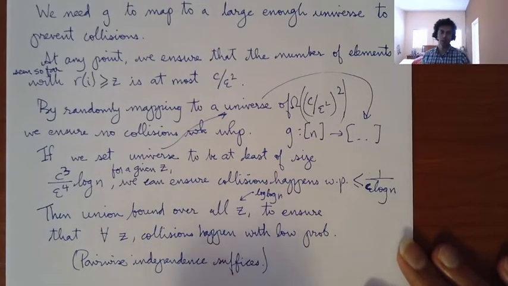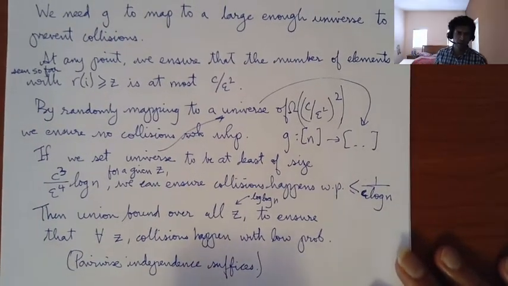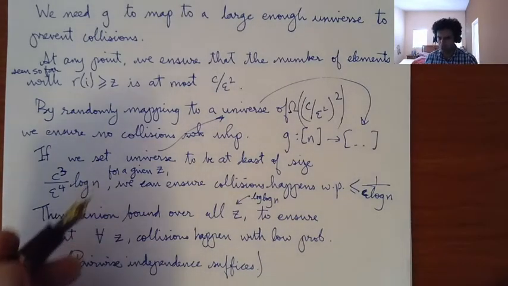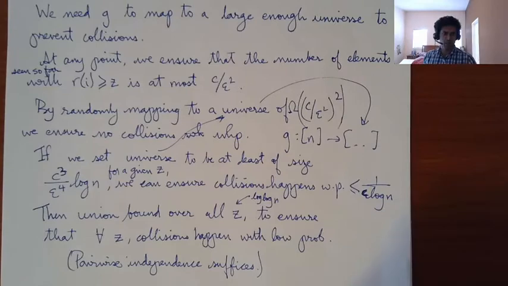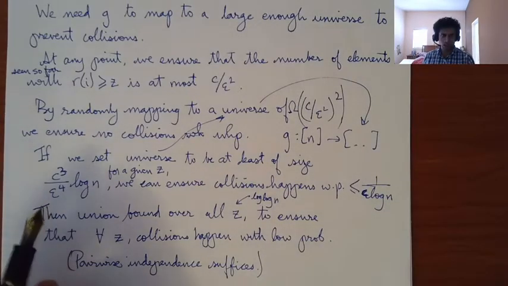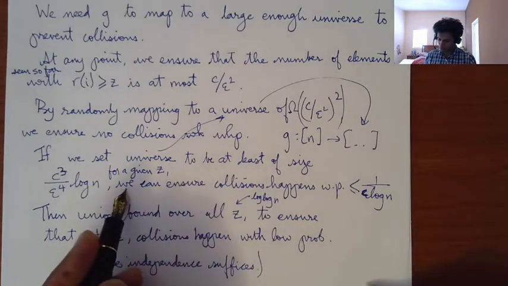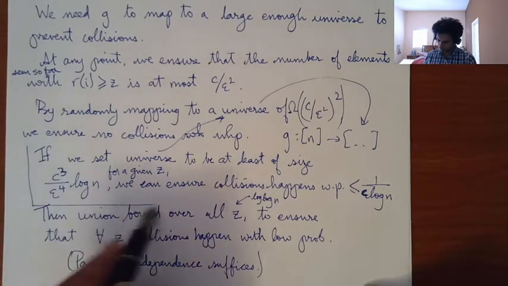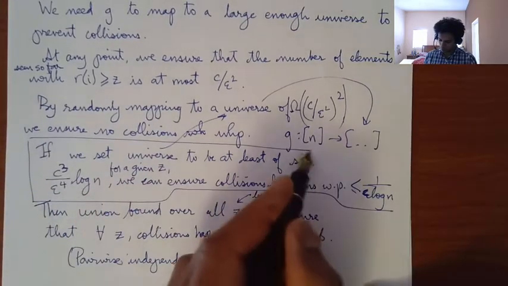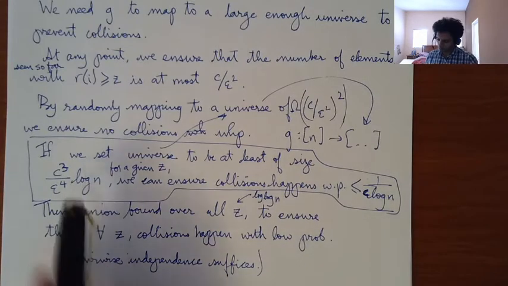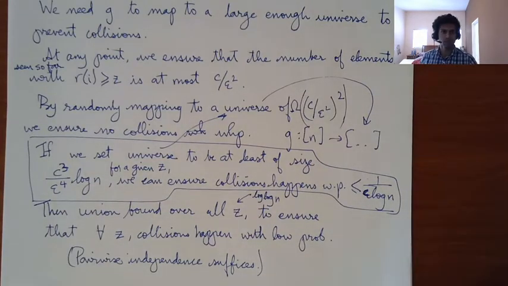So I'm not going to write out this proof over here, and I'm going to leave it as an exercise for you to work out the details. They're pretty much following exactly this analysis, this logic. The specifics of this, which is the key, is essentially doing the birthday paradox analysis that we did with the variance calculation that we had, and you can see that pairwise independence suffices, and so for that we can get this analysis to work.